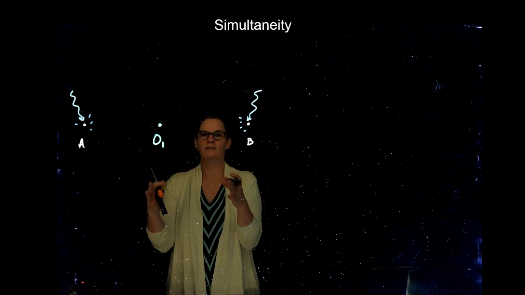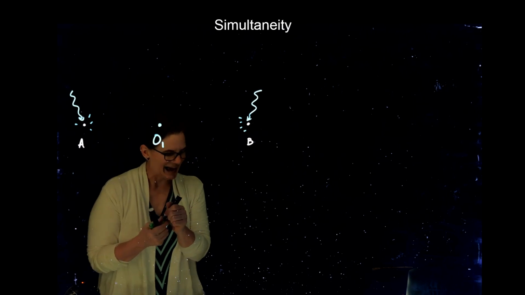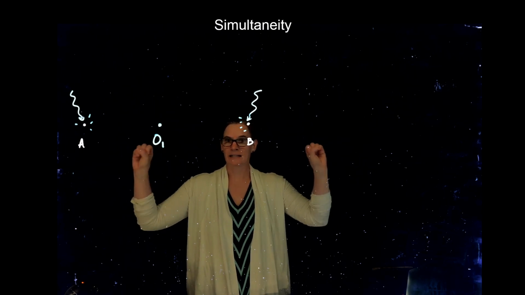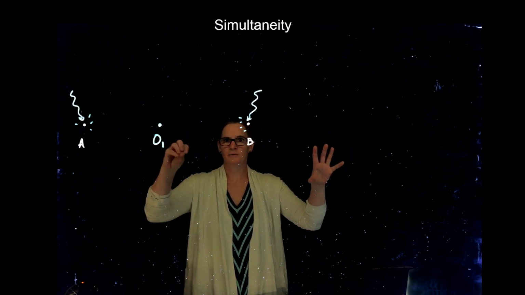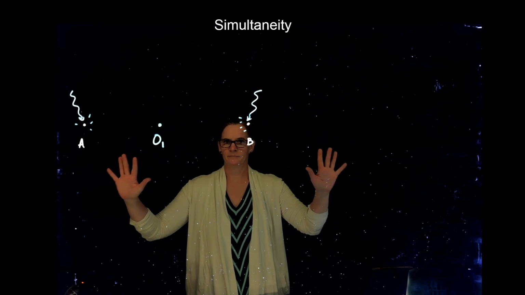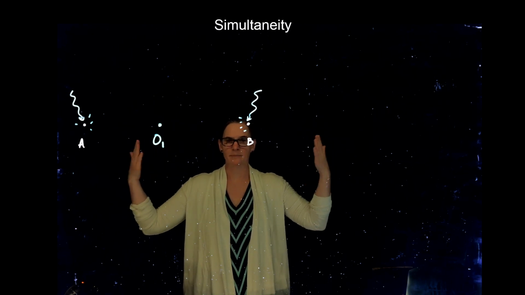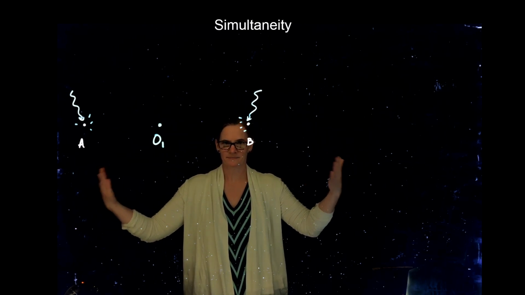The light is going to hit observer 1 at the same time. So these two events happen at exactly the same time, and hit observer 1 at exactly the same time. And observer 1 can say, okay, event A and event B happened at the same time. Does that make sense? Okay.